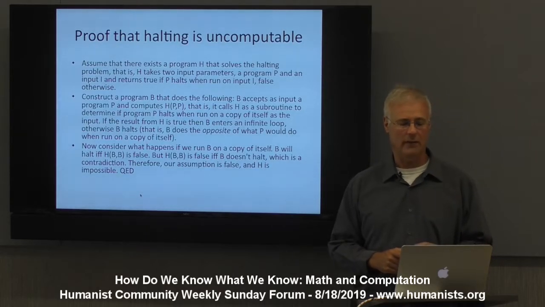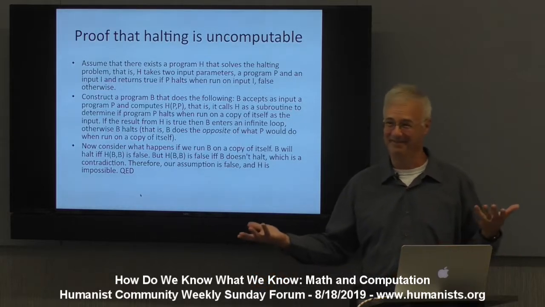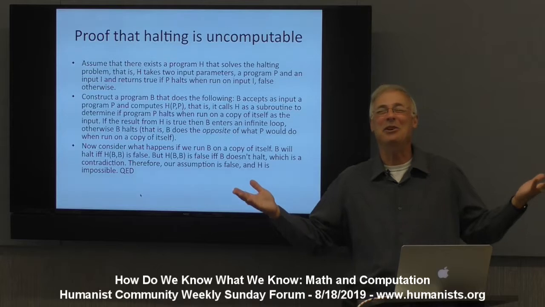It will halt only if H of BB is false. But H of BB is false only if B doesn't halt. So it halts only if it doesn't halt. So it's a contradiction. Therefore, our assumption is false, and we cannot build H. That's it. Easy. It's easy once you know how.